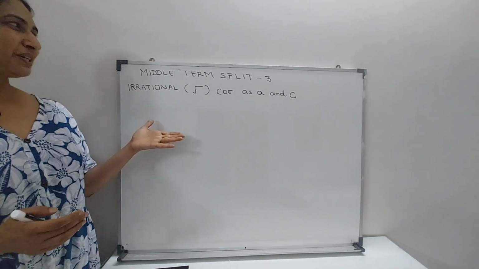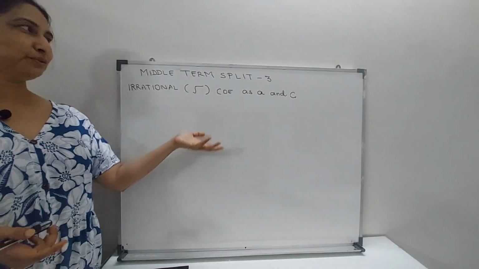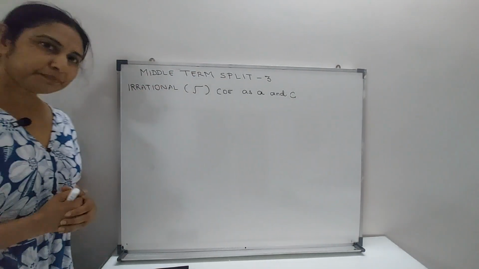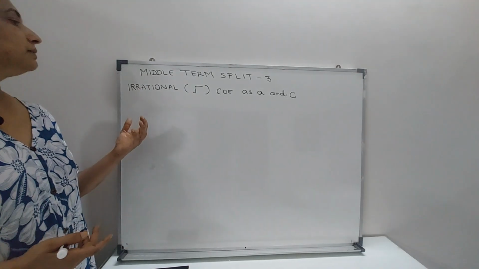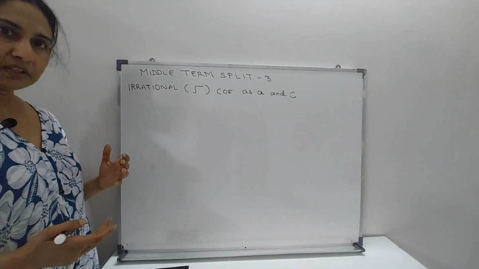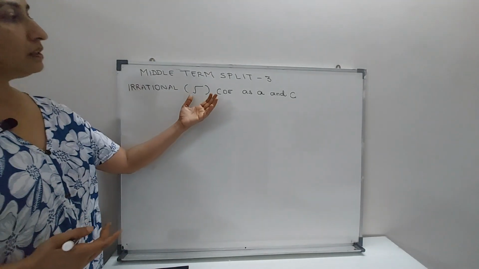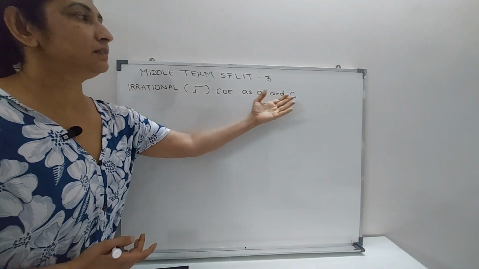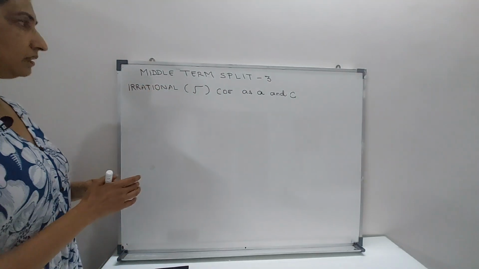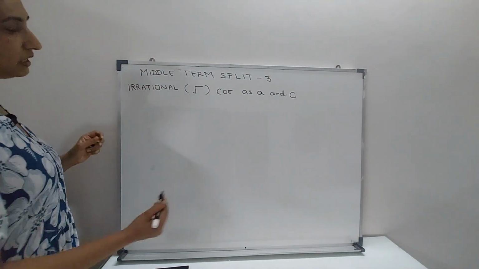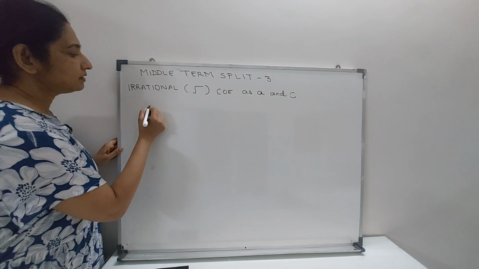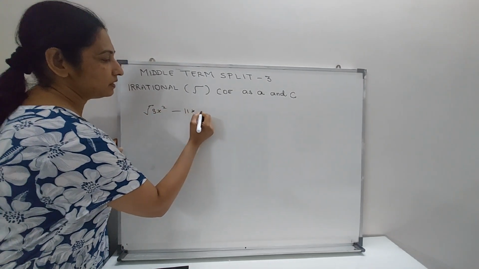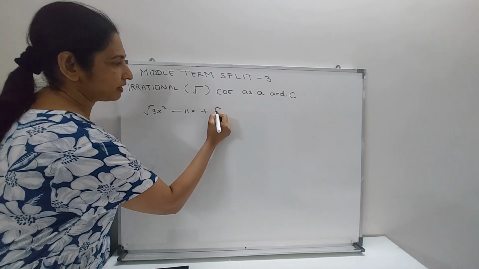We are here with the third episode of middle term splitting, where we'll be taking up specially the type of expressions where the root coefficient comes in the first term and the third term. I'll explain this again. What type of questions are we dealing with in this? It's something like, suppose I have root 3x squared minus 11x plus 5 root 3.